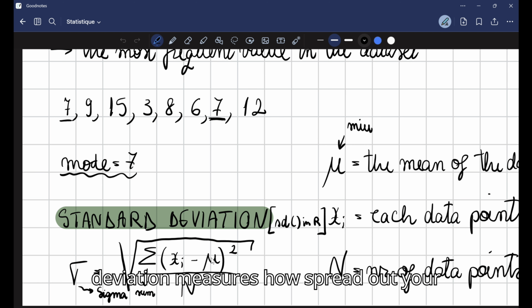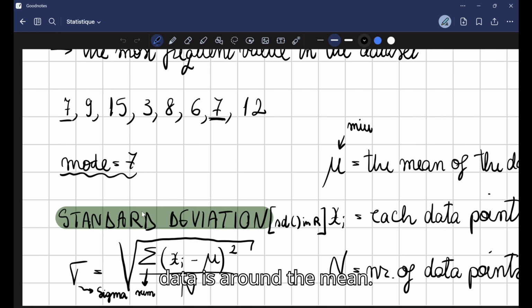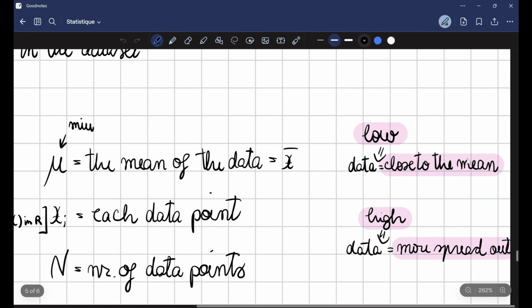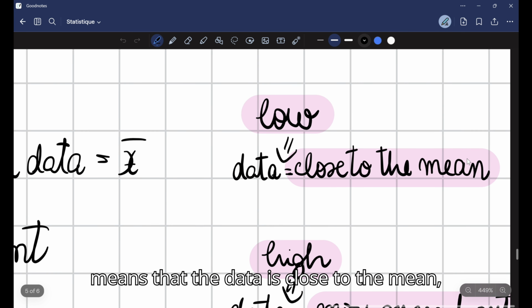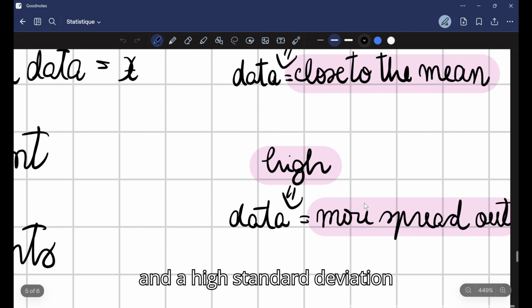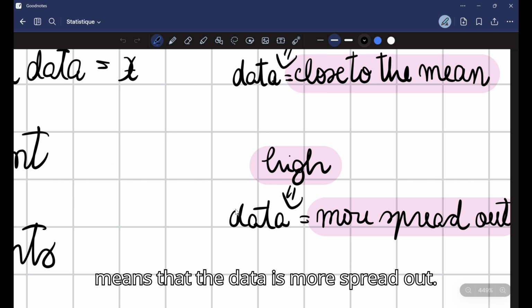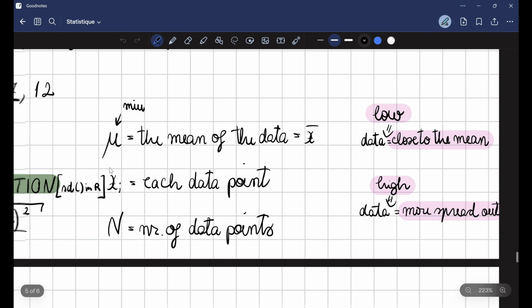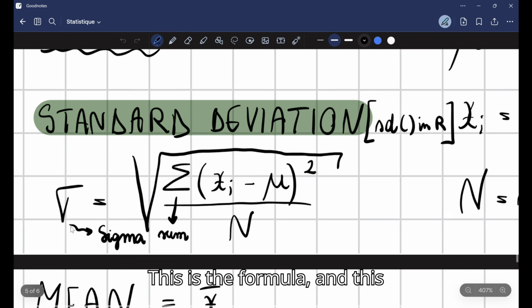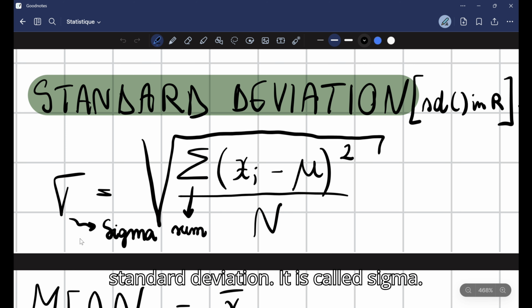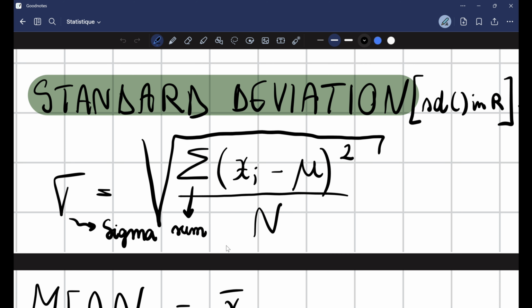So, standard deviation measures how spread out your data is around the mean. Now, a low standard deviation means that the data is close to the mean, and a high standard deviation means that the data is more spread out. This is the formula, and this symbol right here is how we denote the standard deviation. It is called sigma.